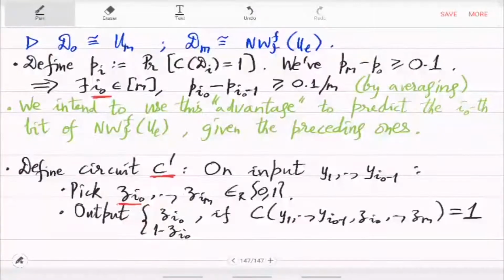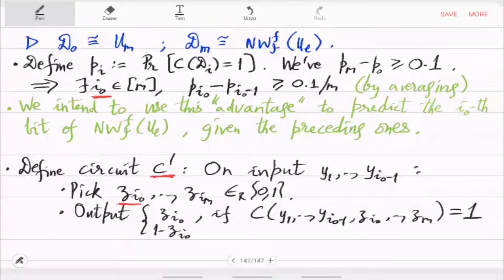Because you know that C evaluating to 1 has higher probability, there is this difference in the probability, right? Pi0 is sufficiently bigger than Pi0 minus 1. And Pi0 was the probability for distribution Di0, right?